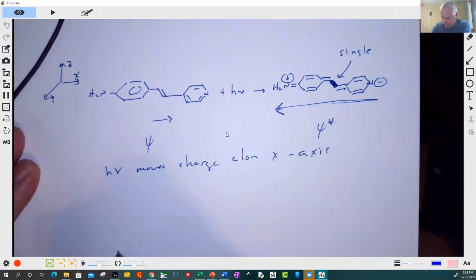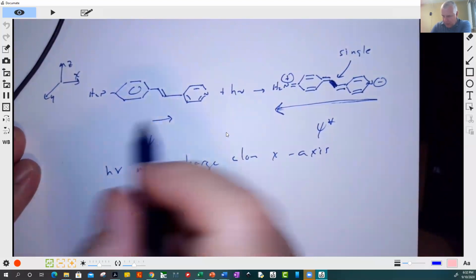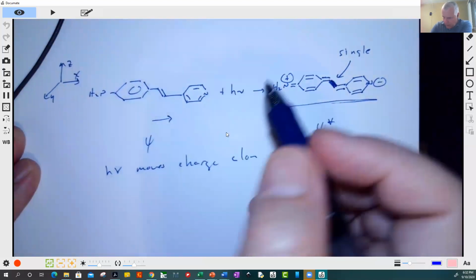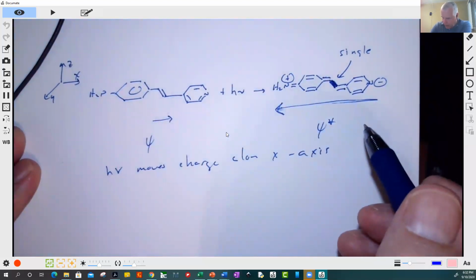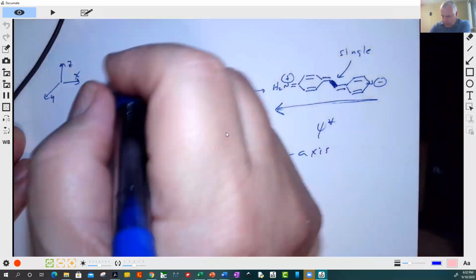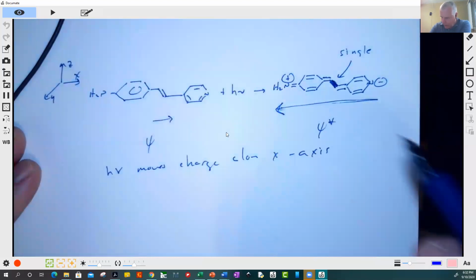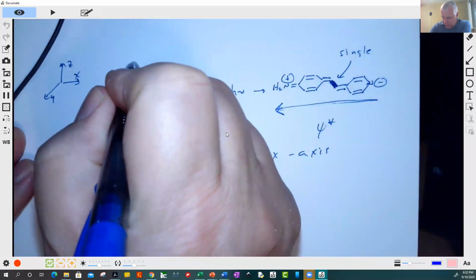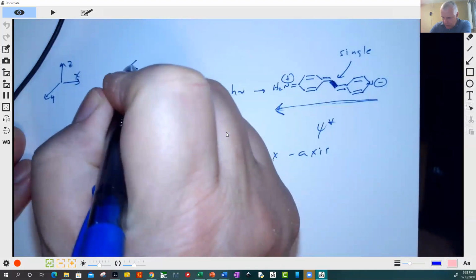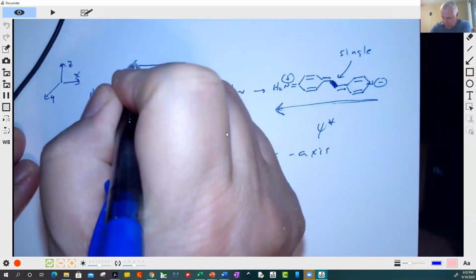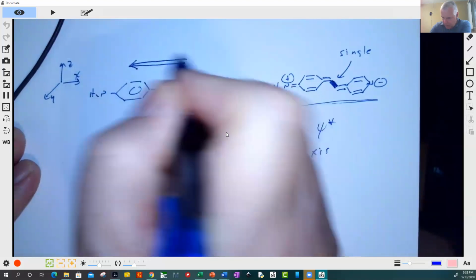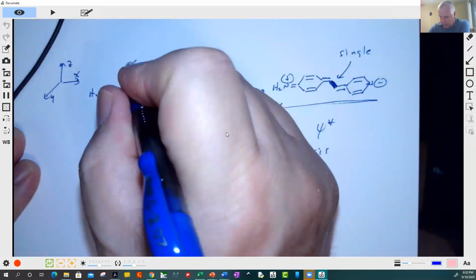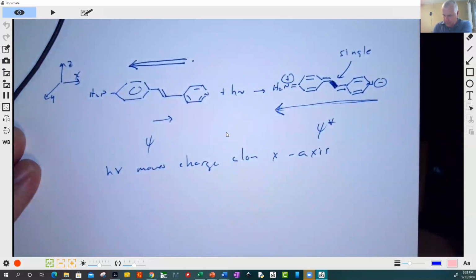So let's just take this molecule and give it a sort of vector shape here. That looks like this. Okay. And so this is the pyridine end, and this is the aniline end. Right?